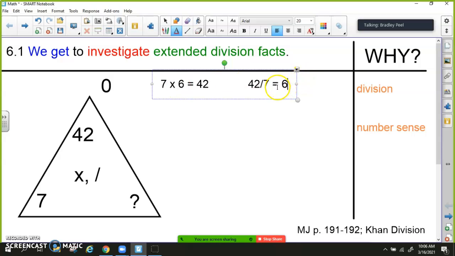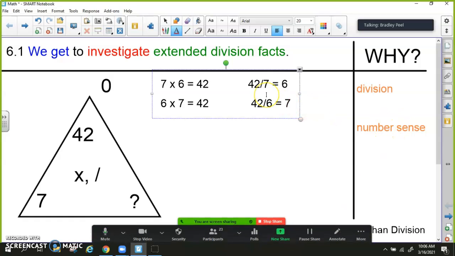I've rearranged them and moved backwards through that multiplication problem. Interestingly enough, 6 times 7 also is 42, so we can rearrange the numbers and say 42 divided by 6 also equals 7. Those numbers are just related, and this is that idea of number sense.